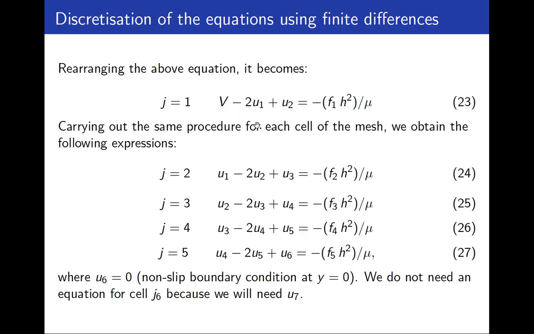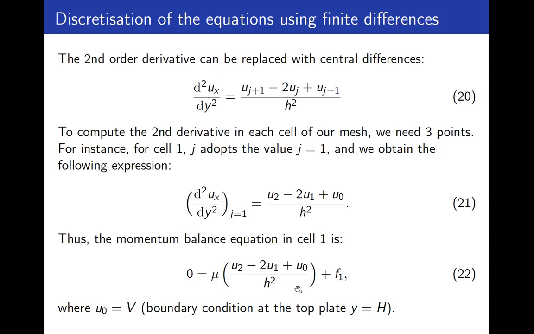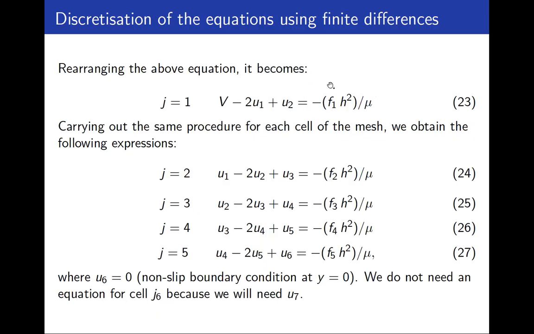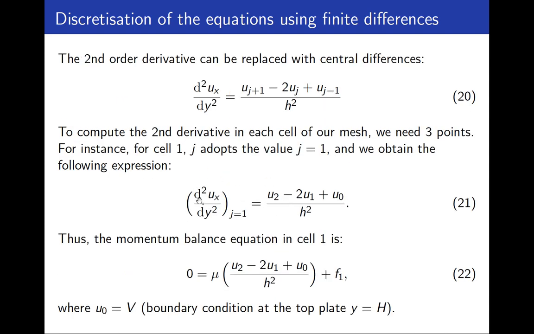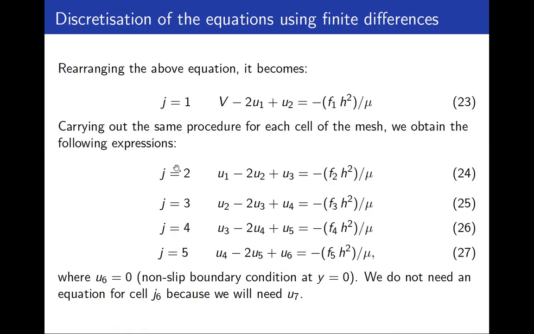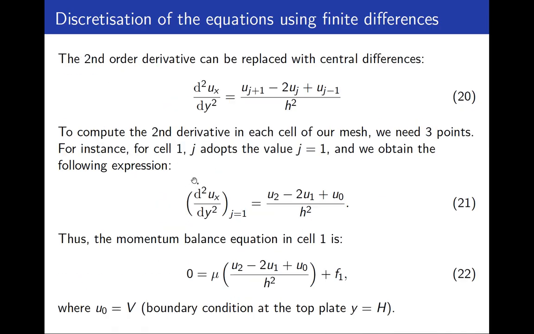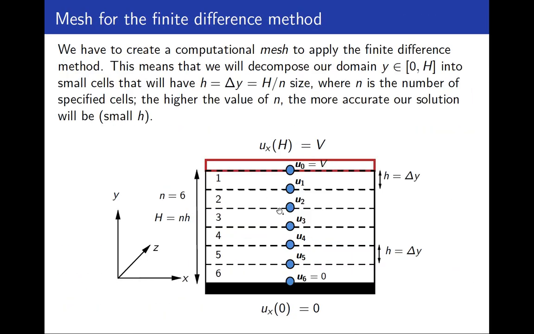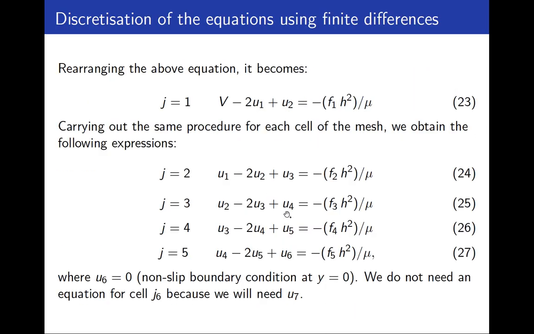You can do the algebra, and you will end up with the same equation that is shown here, equation 23. Now I want to estimate the second derivative at each of these cells. Let's do some quick calculations. For cell 2, you notice that we need the value of the velocity at cell 1, u2 and u3.